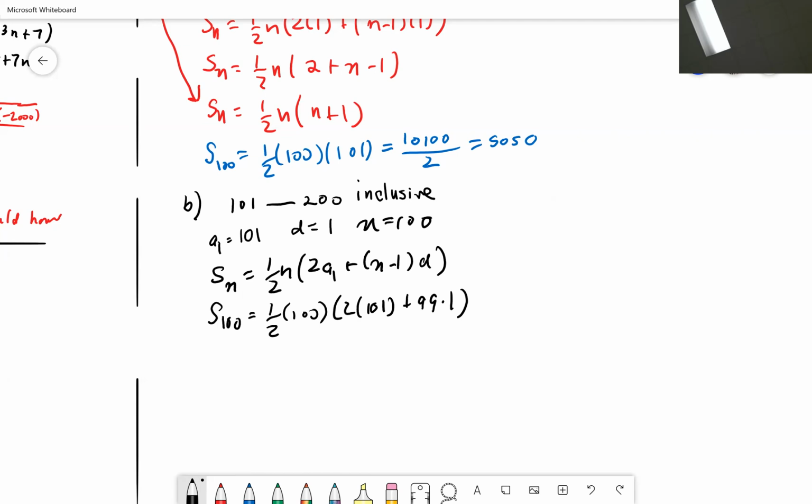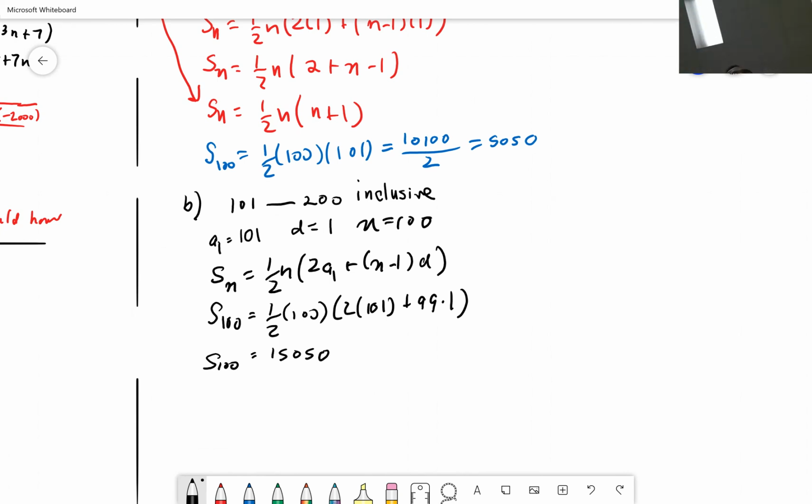So let's do it. 101 times 2 plus 99, times 100, divided by 2 is 15,050. It feels a little high to me, but that's fine. I think it's good.